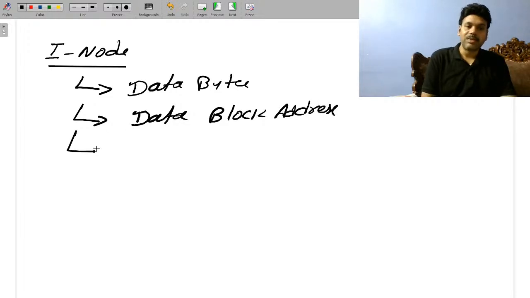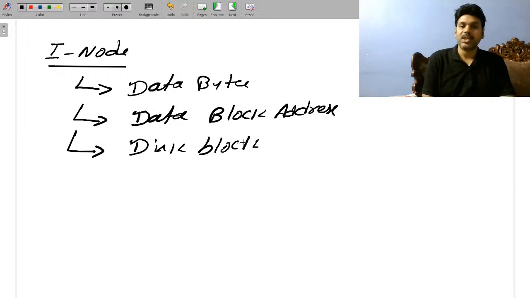And the other terminology we have is block size, disk block. These three important terminologies are required in order to deal with your inode.